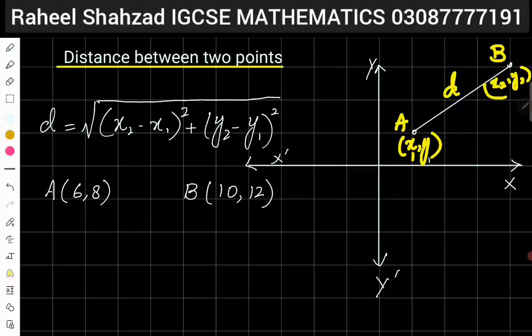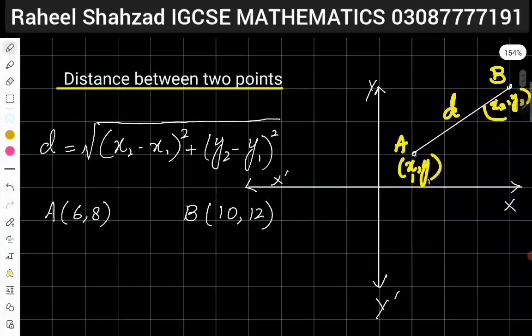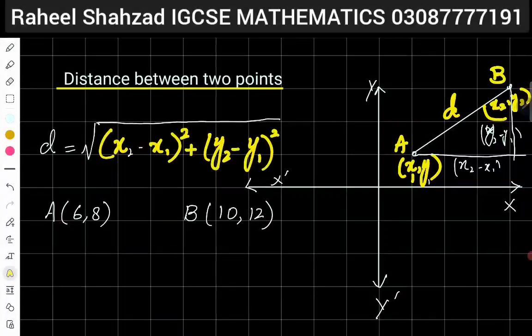We simply apply the Pythagoras theorem. This is basically x2 minus x1 and this is basically y2 minus y1, right? So the distance is the square root of (x2 minus x1) whole square plus (y2 minus y1) whole square. This is the distance formula that we'll be using.